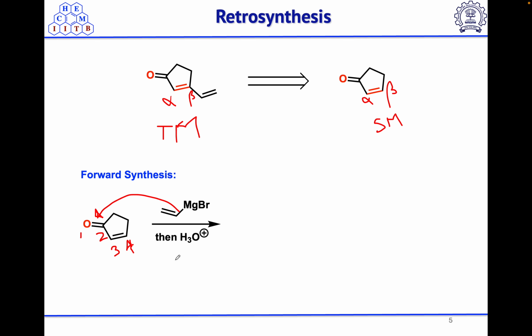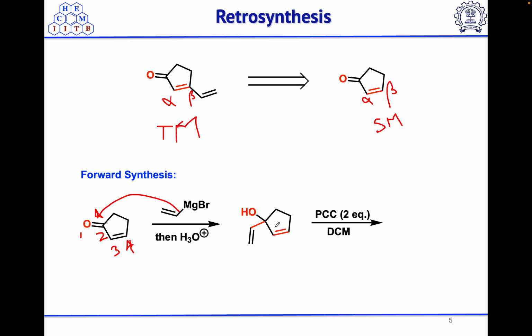If you add copper salt, then 1,4 addition will take place. This time it is normal 1,2 addition, and you will get the 1,2 addition product, the tertiary alcohol.